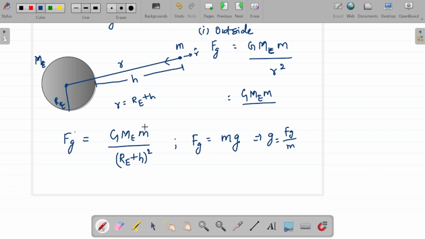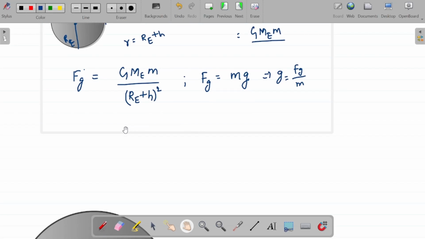Here we divide by m, which eliminates this term. So acceleration due to gravity in this case will be F_g divided by mass of the body, and it is going to be G M_e by (R_e plus h) square.